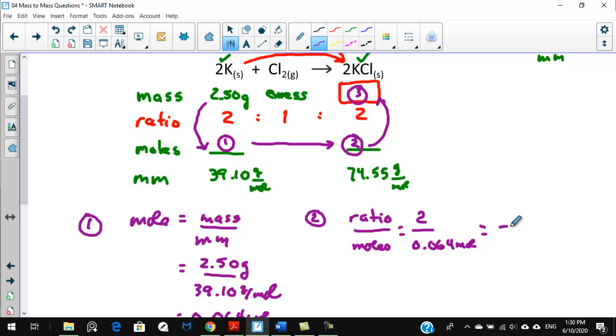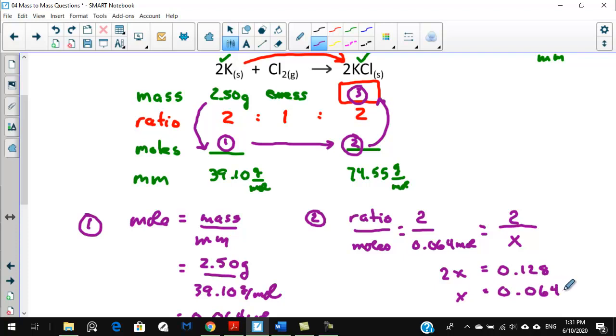So we can set up another term in this ratio. Well, the number here on top is 2, but we don't know how many of these we're going to have, so we can just put a variable in there, like an x. And if we multiply this all out, we can solve this. So we cross multiply, which says 2x equals 0.128, and then x equals 0.064.